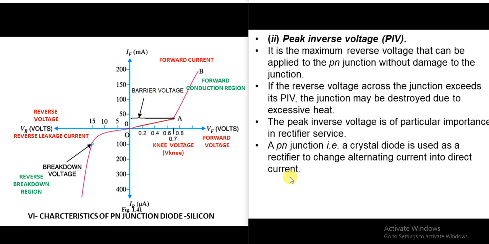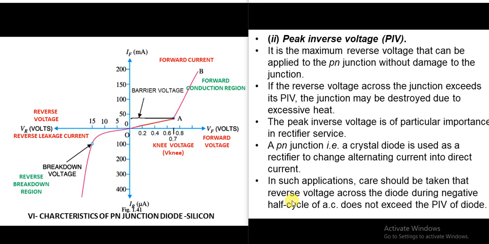We will see this in the next unit. Hence care must be taken such that the reverse voltage across the diode during the negative half cycle of the AC does not exceed the PIV of the diode.